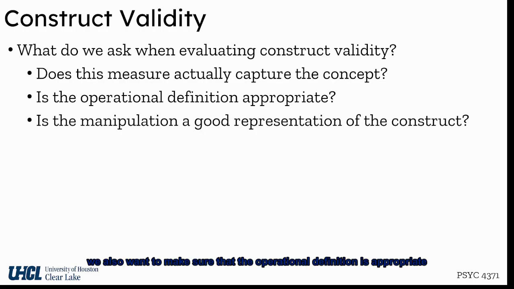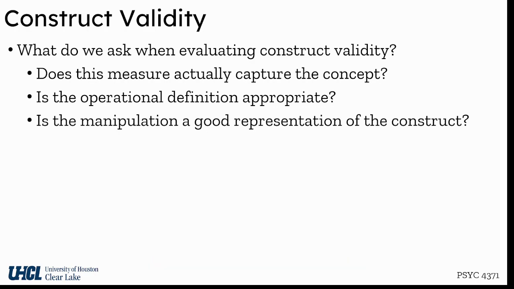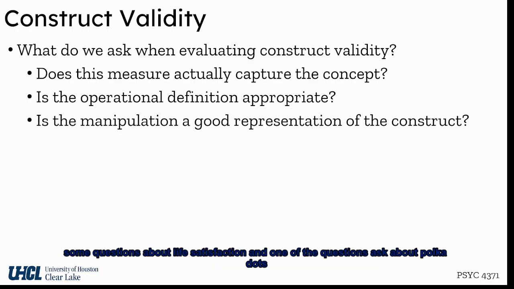We also want to make sure that the operational definition is appropriate, and by that we mean that we're actually asking about the concept at hand and not some other variable that has nothing to do with what you're talking about in your research. I believe there was an example in the book with some questions about life satisfaction, and one of the questions asked about polka dots.